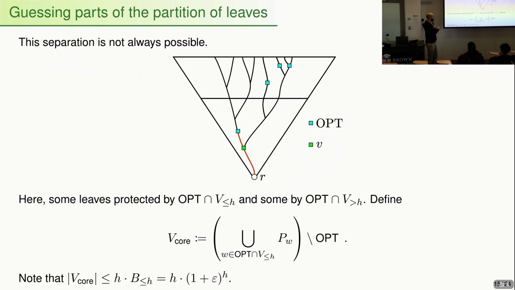And these are not too many because, how many opt vertices do we have here? This is what we have seen on the whiteboard recently. It's (1 plus epsilon) to the h, just the total budget that we have. And each of these paths has a length of at most h. For the right choice of h, this is small enough.